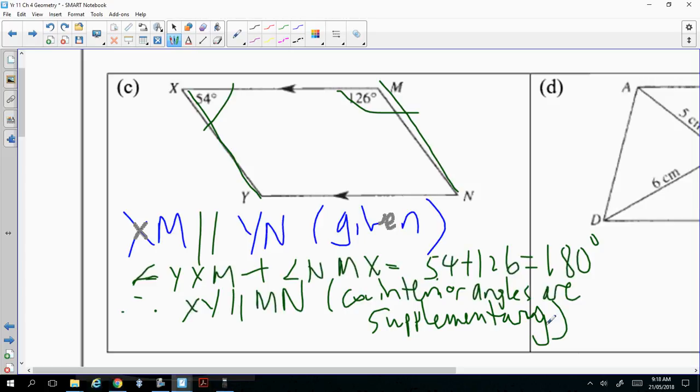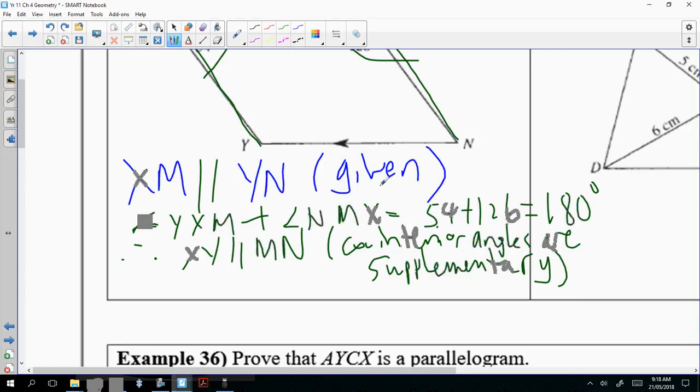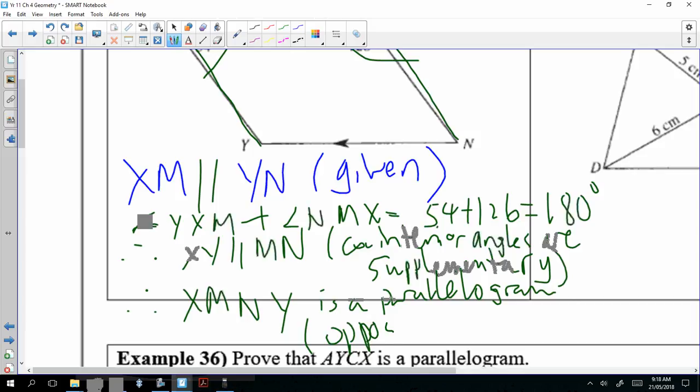Once we do this, we can then say it's a parallelogram. Therefore, XMNY is a parallelogram, opposite sides are parallel. Right, done.